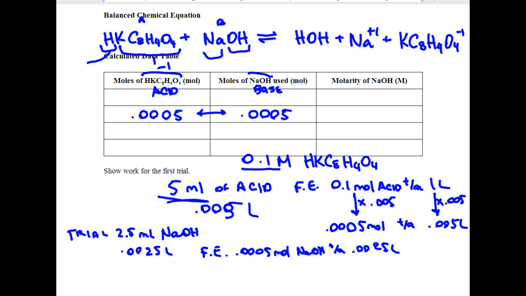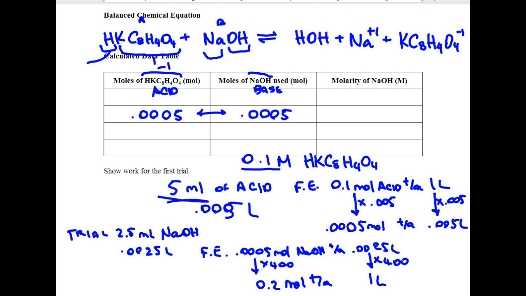However, this doesn't give us the molarity of the base, because molarity has to be in a for every statement where it ends in 1. And in order to do that, we would have to multiply by 400. So whatever we do to that side, we would also do to this side, multiply by 400. And what we would get is 0.2 moles for 1 liter.